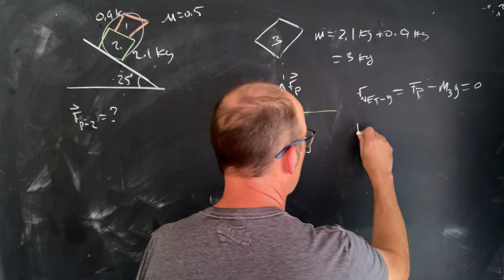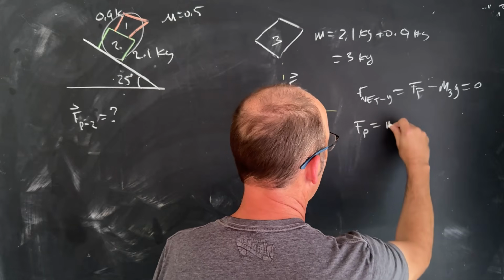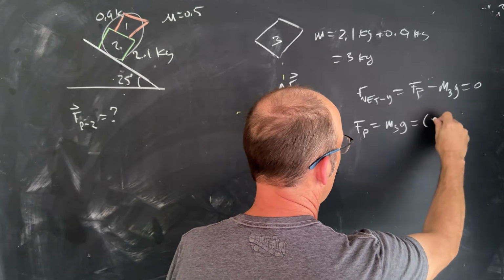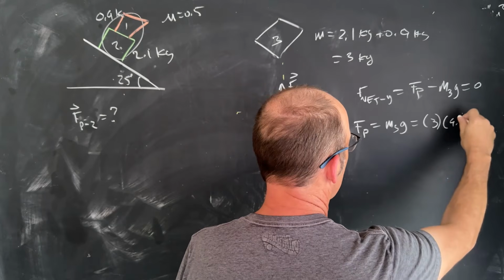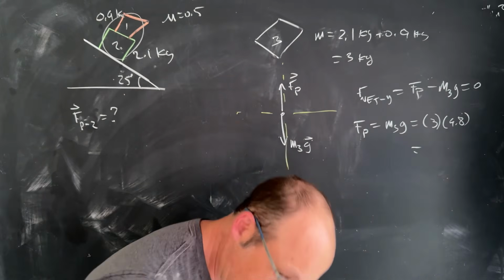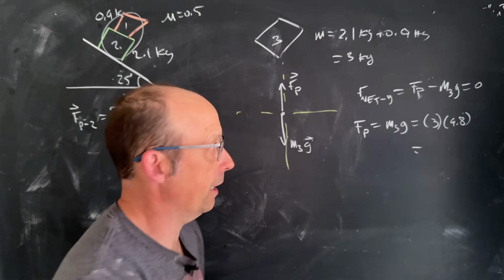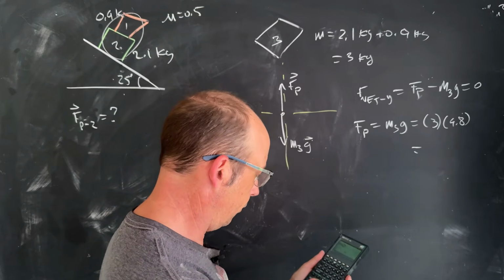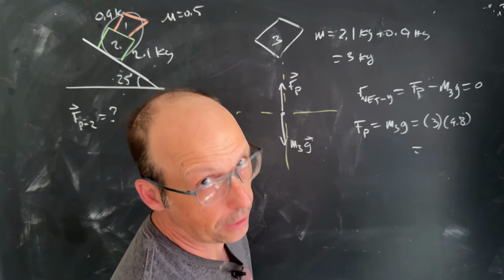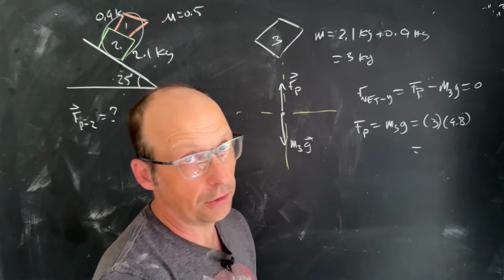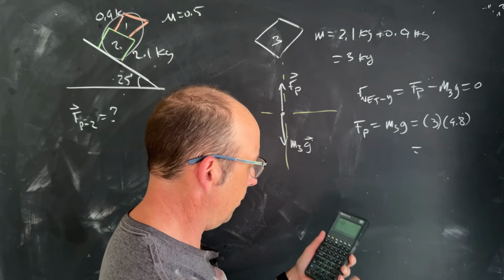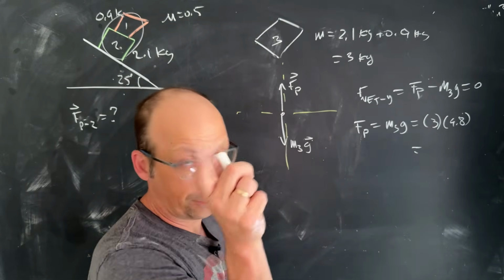Fp equals M3 g, which is 3 times 9.8. I'm not going to do that one in my head. It's around 30, a little less than 30. So I have 3 times 9.8, and I get 29.4.